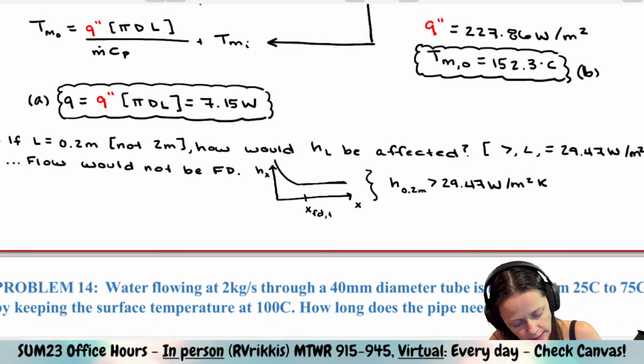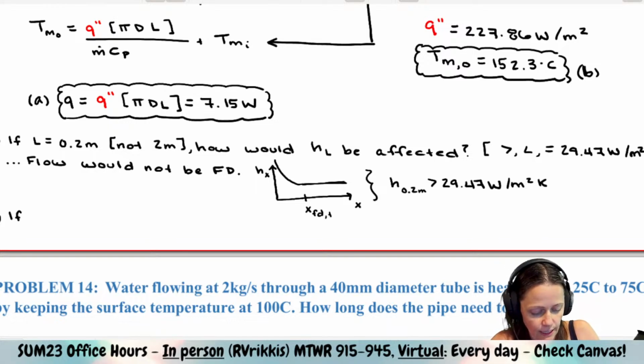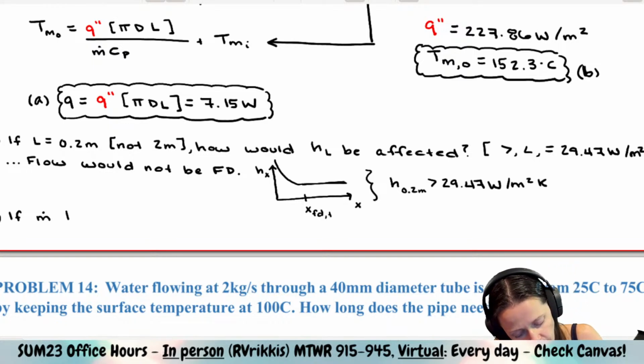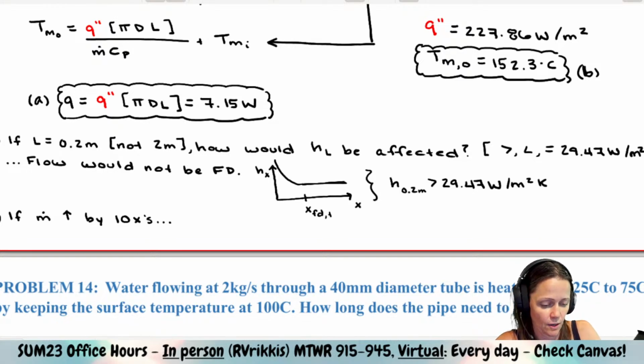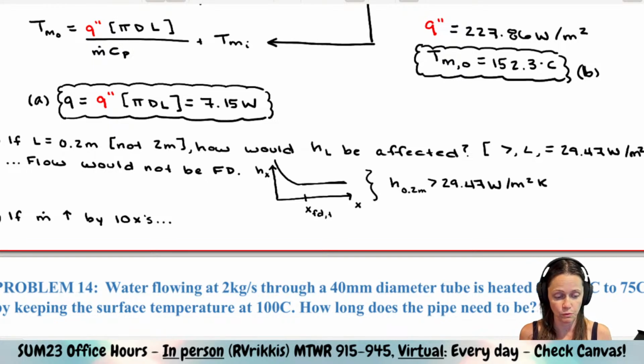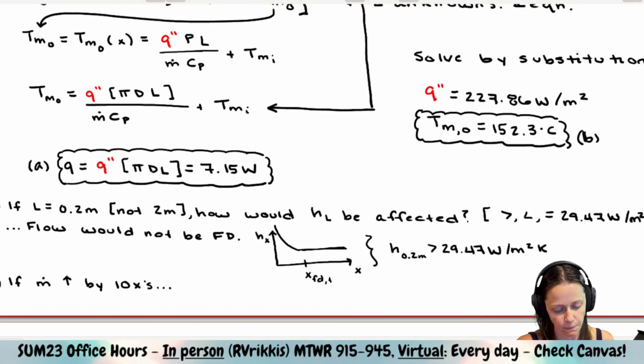Part D is asking, if our mdot increases by 10 times, same question: is the local heat transfer coefficient we used, 29.47 watts per meter squared Kelvin, going to be greater than, less than, or equal to that?